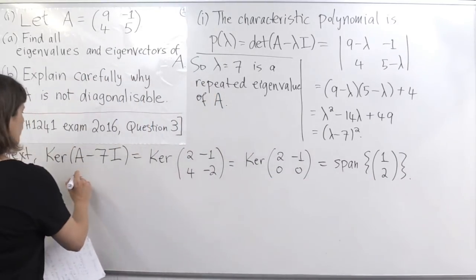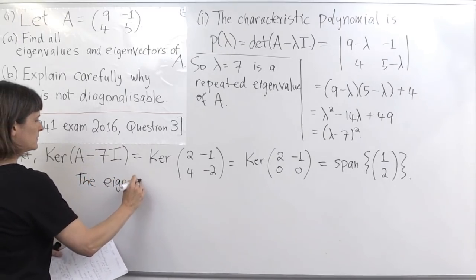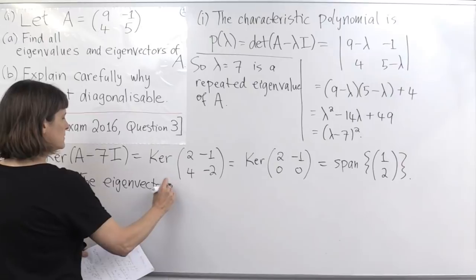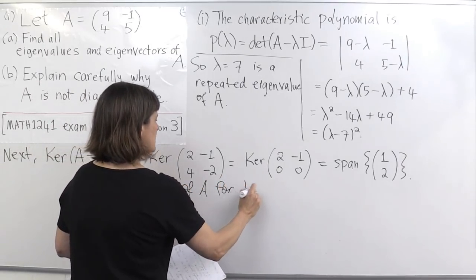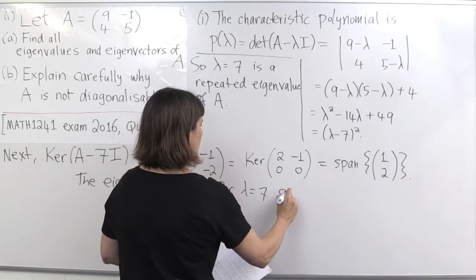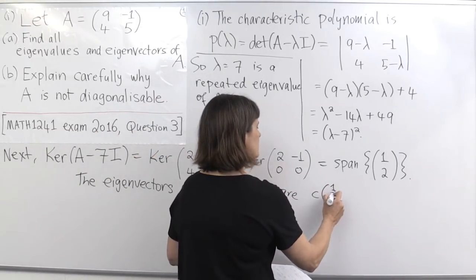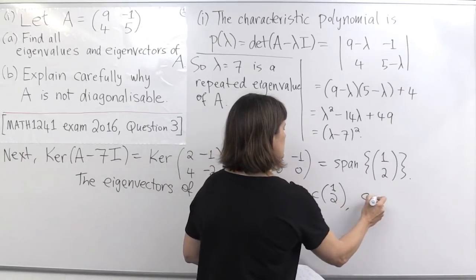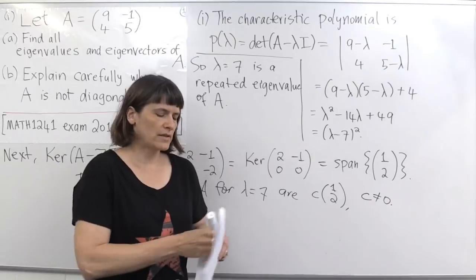So we might answer the eigenvectors of A for lambda equals 7 are all the constant multiples of 1, 2, except your constant must be non-zero. 0 is never an eigenvector.